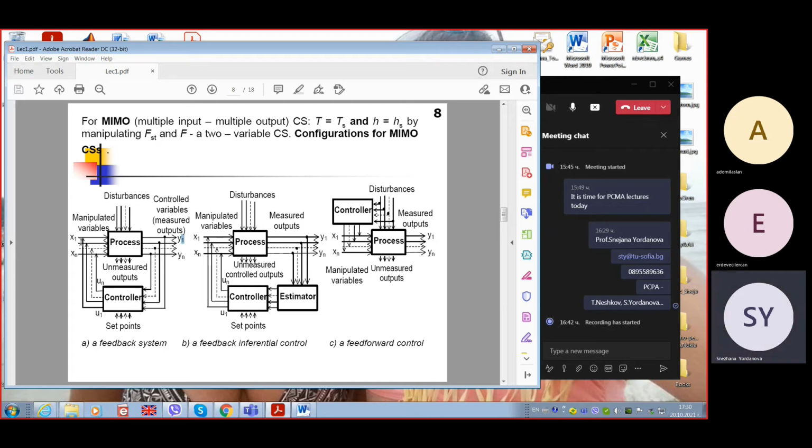We also have to change x2, x3, and xn to compensate this interconnection.